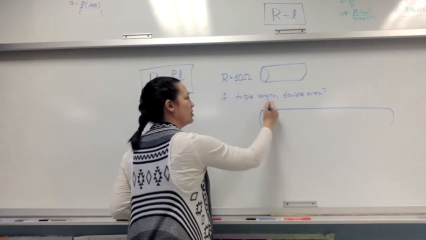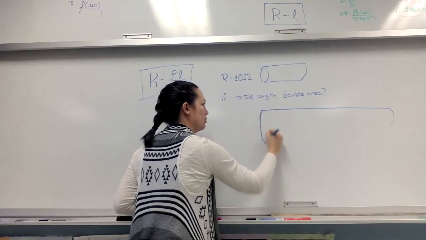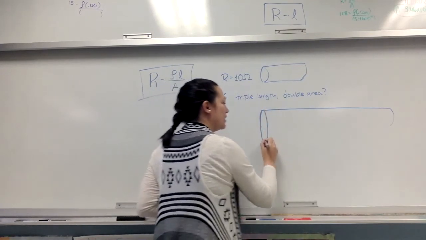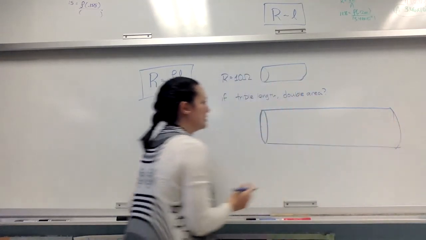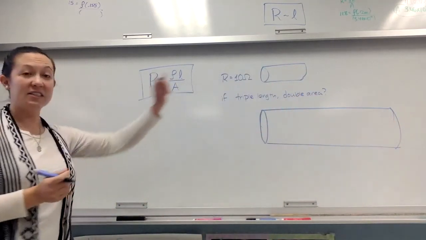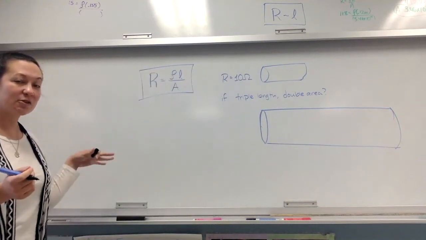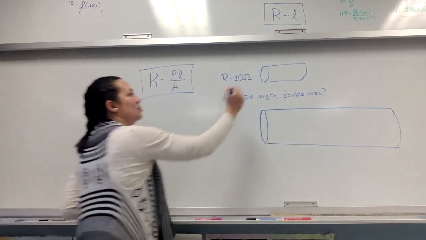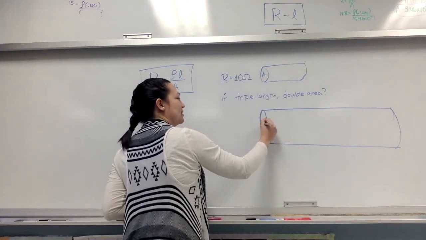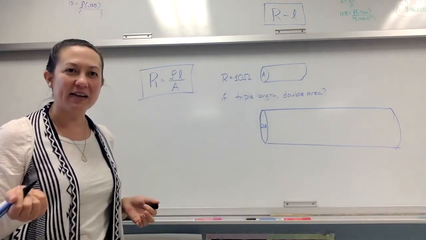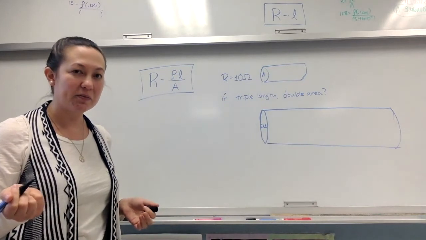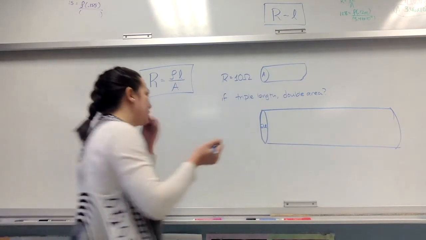So I'm going to draw it just a bit wider. And doubling the area would make it easier for electrons to get through because it gives it more space. It's kind of like opening a second door when everyone's trying to get out of the cafeteria at the same time.